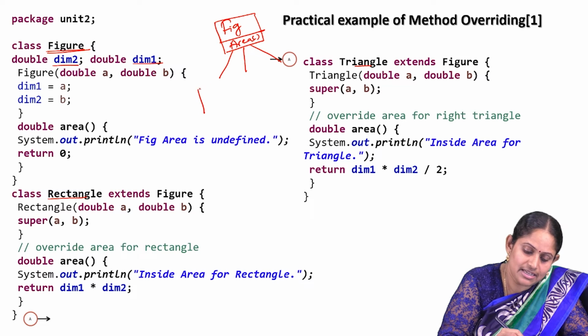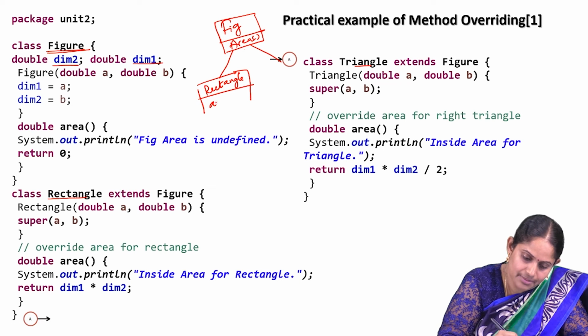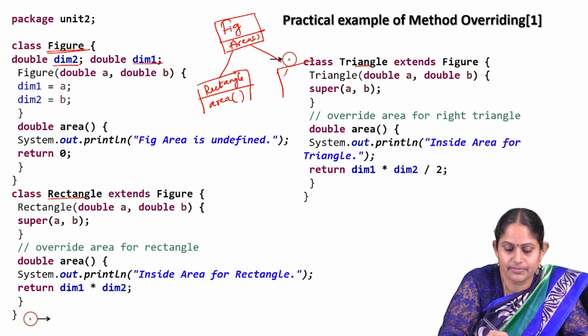So this is a rectangle class, and inside the rectangle class we have the method area, and inside the triangle class also we have the method area.